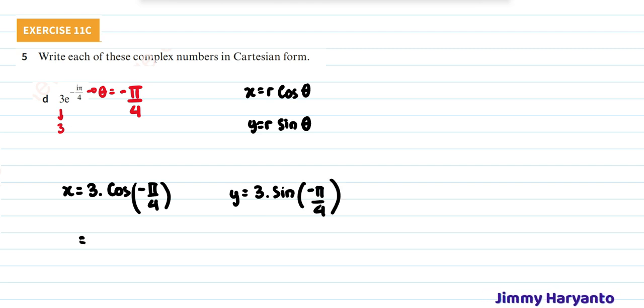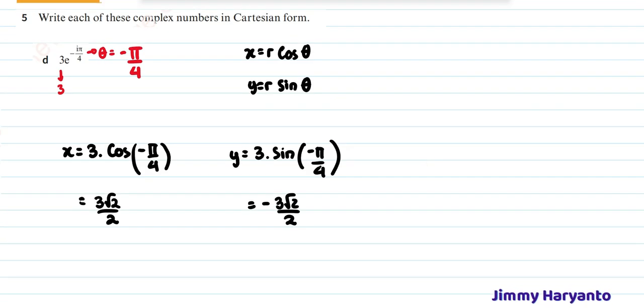Let's calculate this. For this one, you'll have 3 square root of 2 over 2, and for this one it is negative 3 square root of 2 over 2. It means in Cartesian form the z will be 3 square root of 2 over 2 for the x, then minus 3 square root of 2 over 2 i for the y.